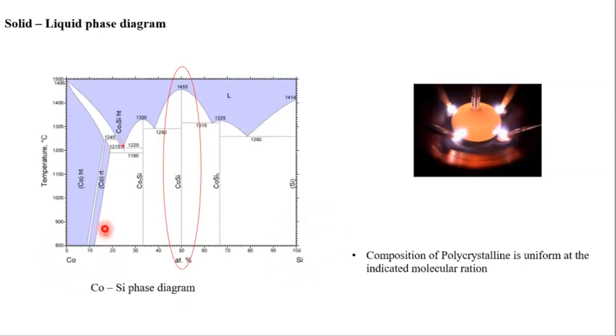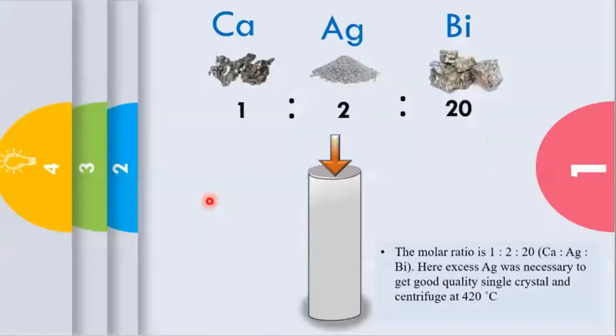You can see this is a phase diagram for two elements, cobalt and silicon, and you have liquidus and solidus lines. From there you can choose which composition is preferable to grow. That is fine. But as I described, for let's say cobalt silicon, or calcium silver bismuth, you have three elements. You do not know which composition will work.